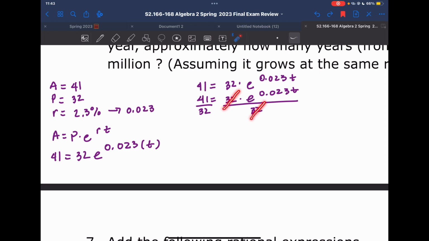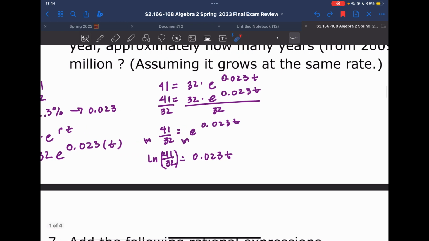Then you're going to take the ln of both sides. So it's 41 over 32 equals e raised to the exponent. You're taking the ln of 41 over 32 as one exact number. The ln of e simplifies to 1, so you're just left with the exponent. So I have ln of 41 over 32 equals 0.023 times t.